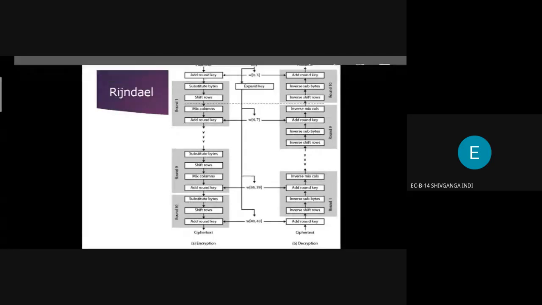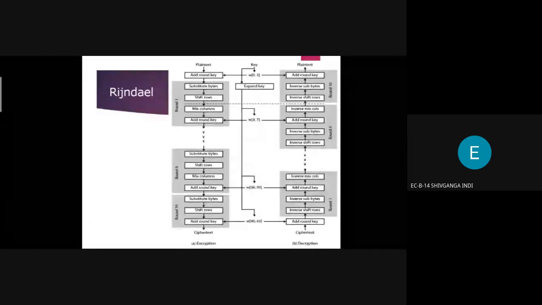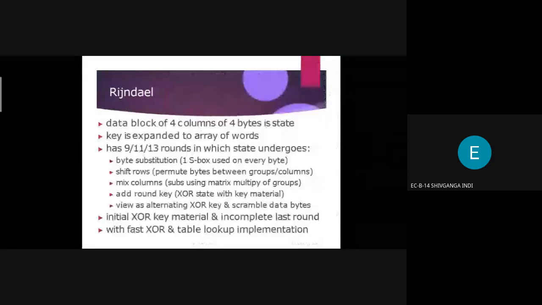Basically it consists of four stages, which are byte substitution, shift rows, mix columns, and add round key. So these are the four basic stages in the AES algorithm. We'll just revise the four stages.